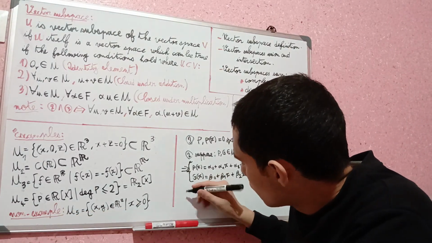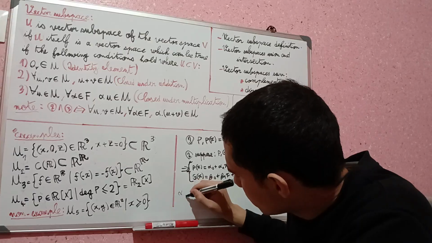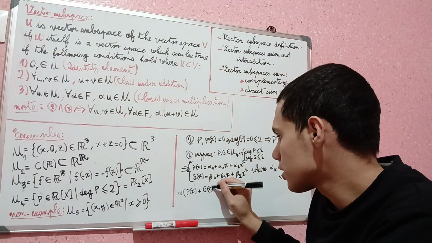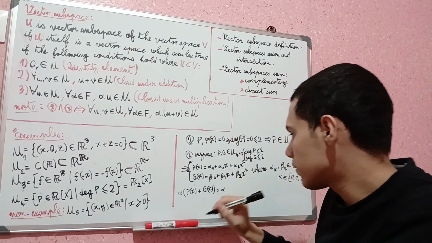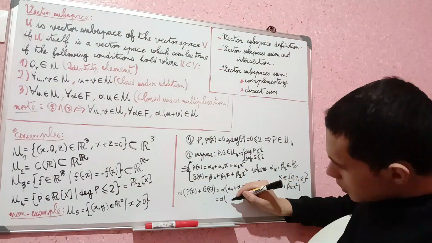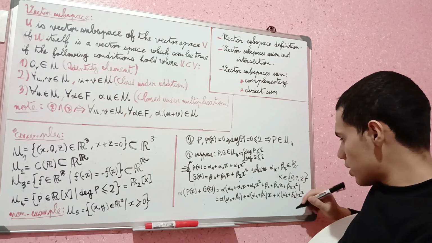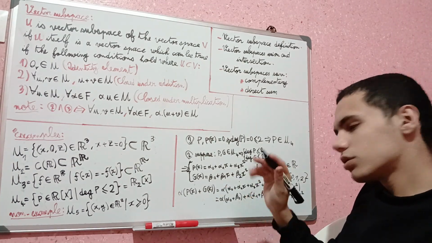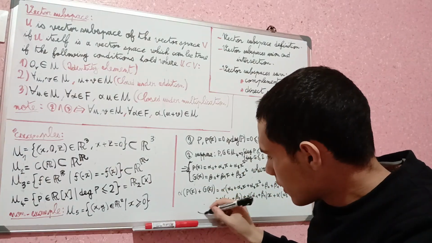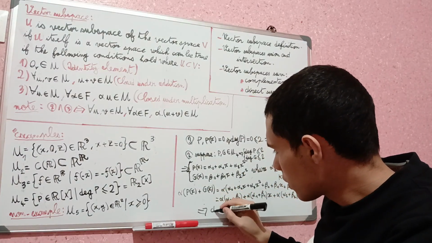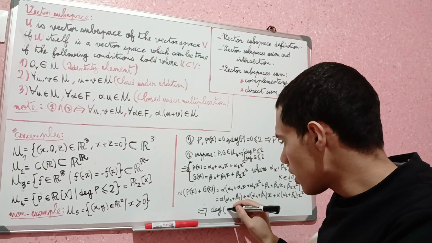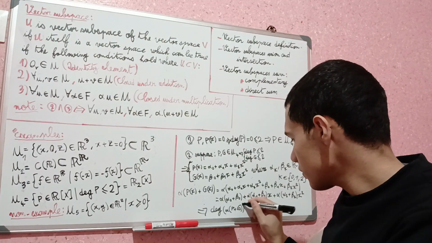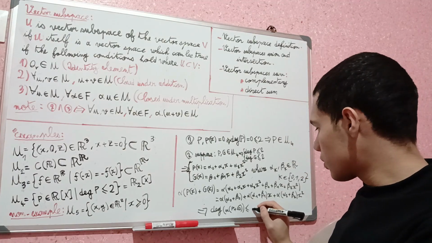So first we take alpha multiplied by P of x plus G of x. This gives us a polynomial of degree 2 or less. So the degree of alpha P plus G is less than or equal to 2.